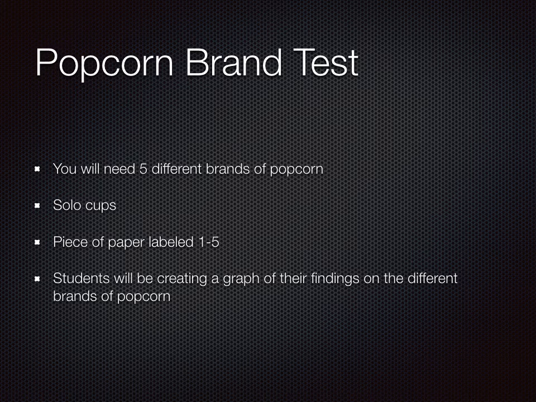At the end, we created another graph for who got the popcorn brands right and who didn't. So if 5 people got the first brand right, we went up 5. If 10 people got the next one, we did 10. And we just had fun with it.